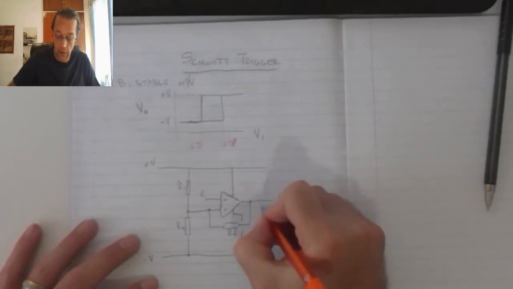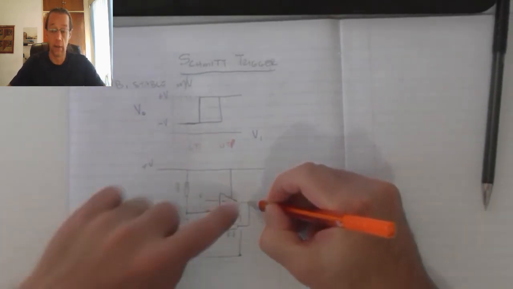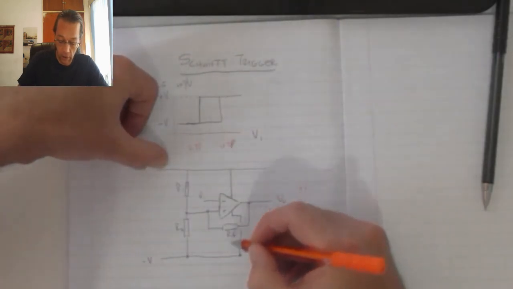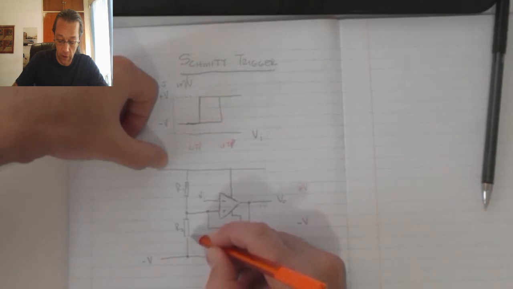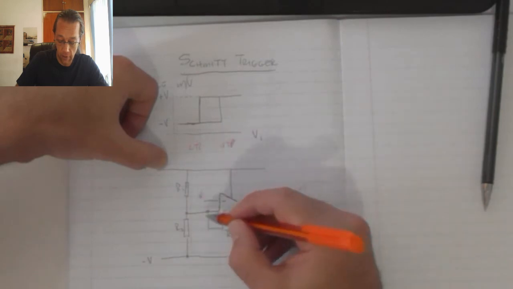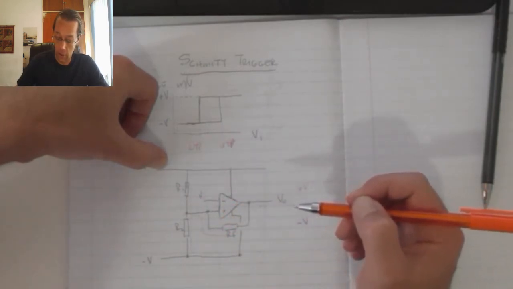Now if this is equal to plus V, then I must remember that this point is now aligned with that voltage, which means I've got this configuration where R2 is in series with R1 and RF in parallel with each other.